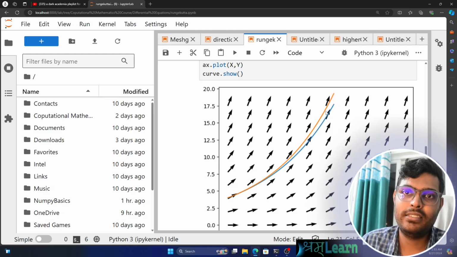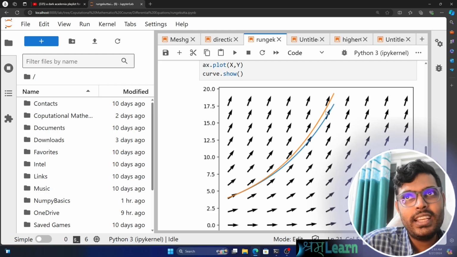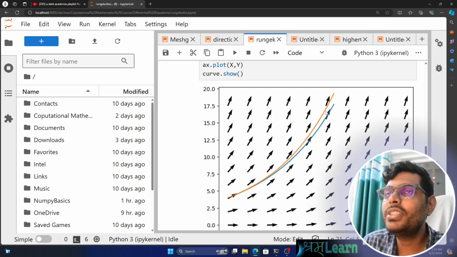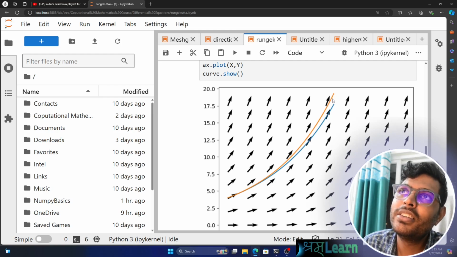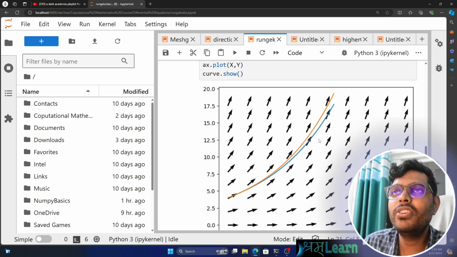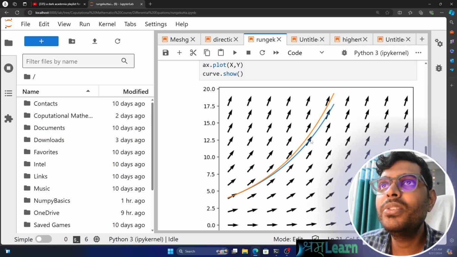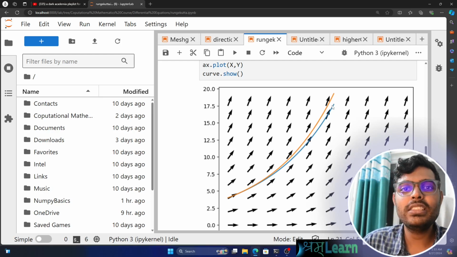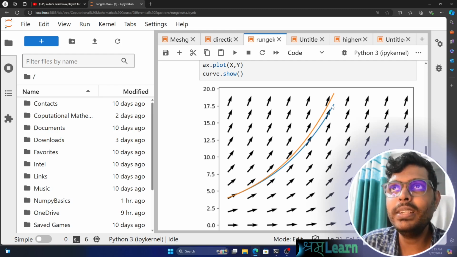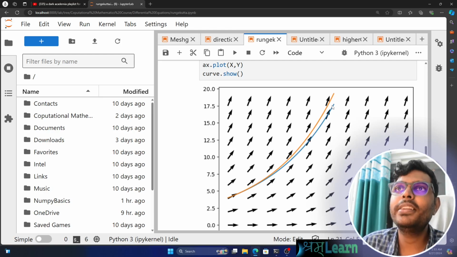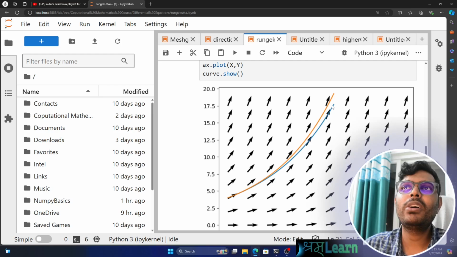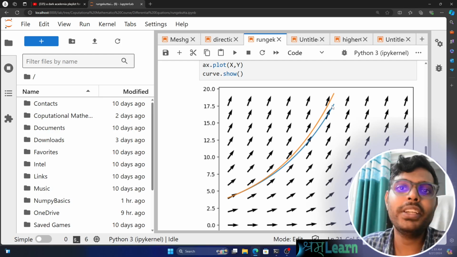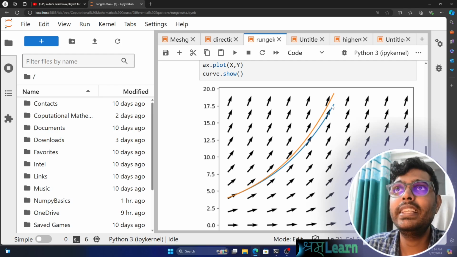There is error, and the solution that we have got using our computation is not exactly following those arrows, those direction fields. So the conclusion is that there is a certain amount of error in numerical computations.